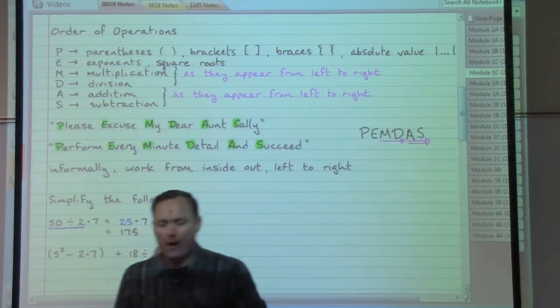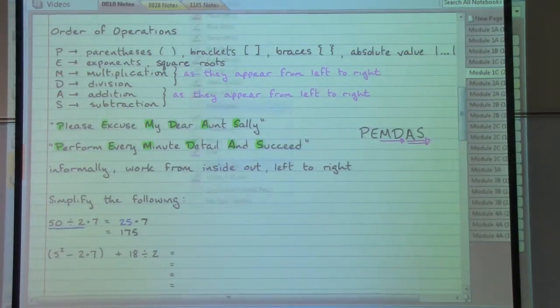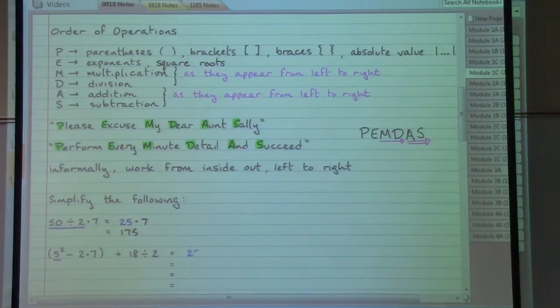Exponent is another word for power. So the first part that we have to work out here is the power. Power of 2 means 5 times 5, and 5 times 5 is 25. Now I want to copy down all the rest of the stuff that shows up in the problem.